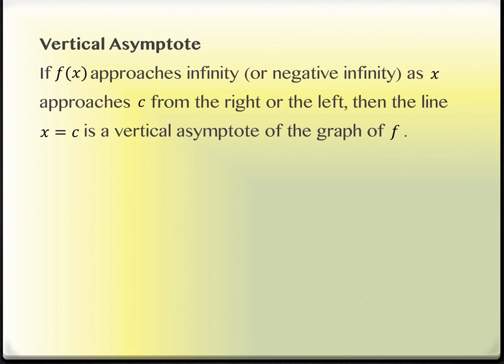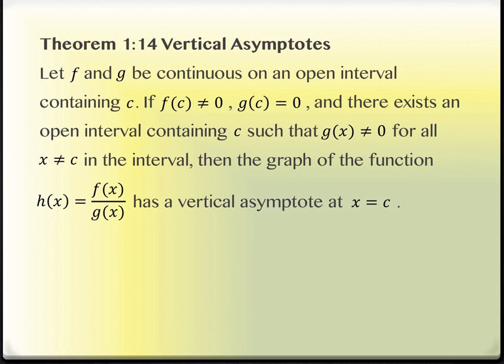It's called a vertical asymptote. And then we've got a theorem about vertical asymptotes that follows. Theorem 1.14 says the following.